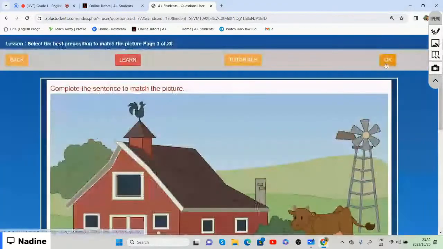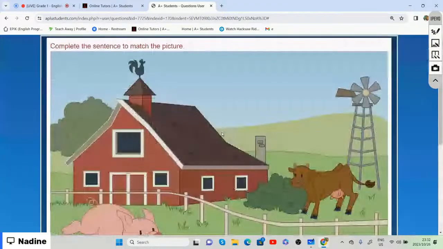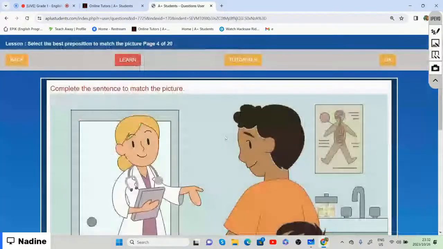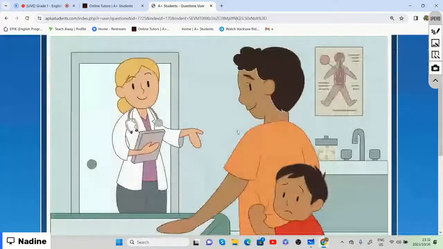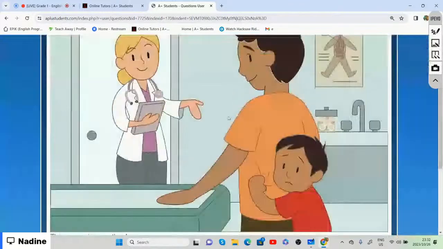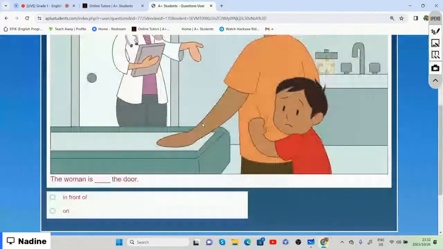So it is next to. You need to complete the sentence to match the picture. And next to is correct.